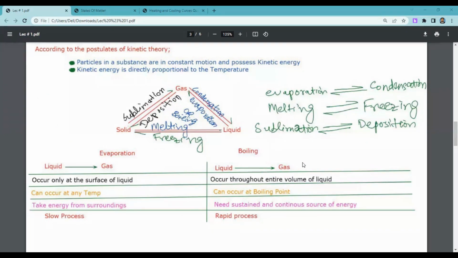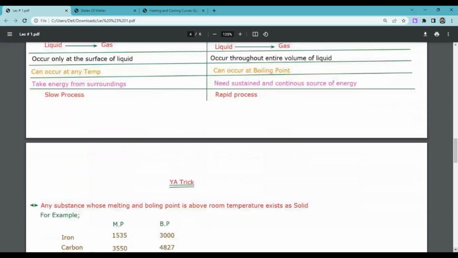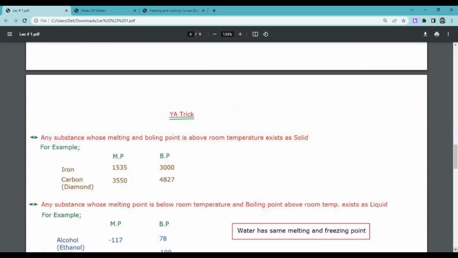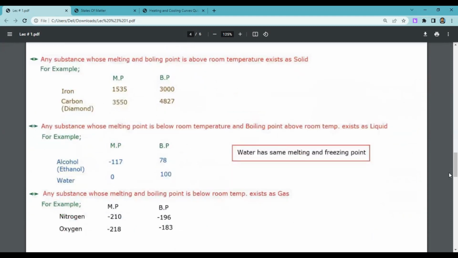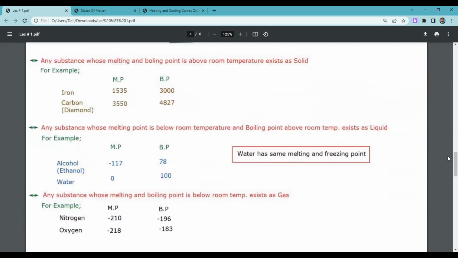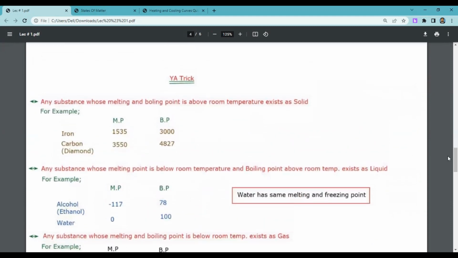Now I am giving you a beautiful trick so that you can solve the questions in exams very easily. This is a mind trick, so you can call it the Yusuf Abdullah trick.